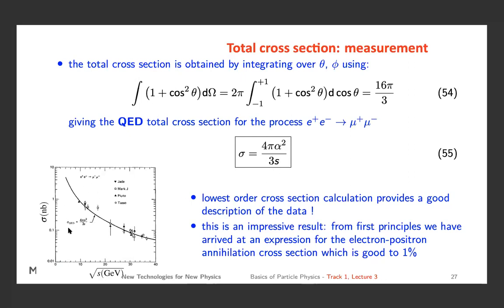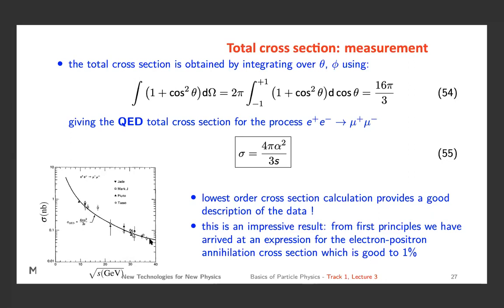And again, you can see the plot where the measured cross-section of this process, e plus e minus going to mu plus mu minus, is plotted as a function of square root of s. So the black curve corresponds exactly to this computation at the lowest order, and points correspond to measurements at the various accelerators. So you can see that the lowest order cross-section calculation already provides a good description of the data.